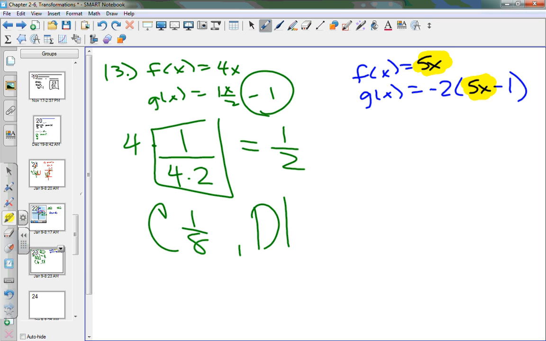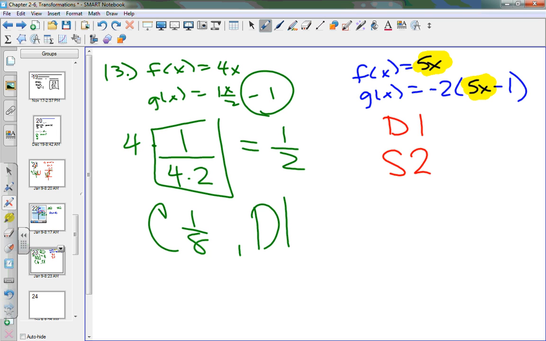So what did I do to 5x first? What did I do first, though? It's in parentheses. Do we see that? Since it's in parentheses, I know that I have to go down 1 unit first. Then I stretch that quantity by what? 2. And then I did what?